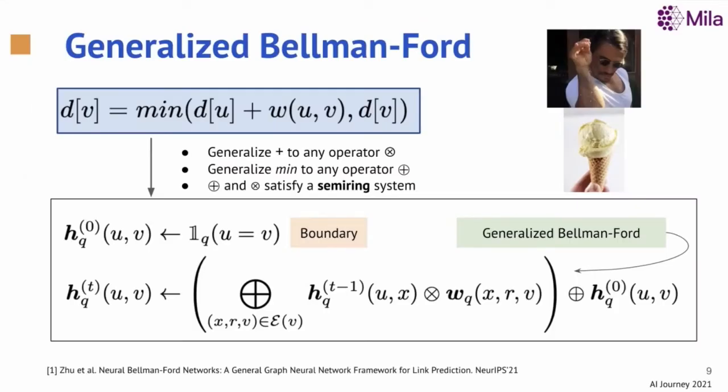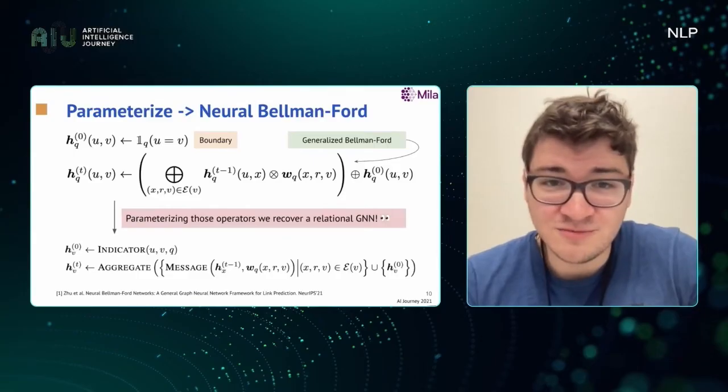If we replace these operators with more general ones, we get the generalized Bellman-Ford, and the node equations arise, scanning and then processing, and the operations run in the same way as Bellman-Ford. However, we can use not just pluses.